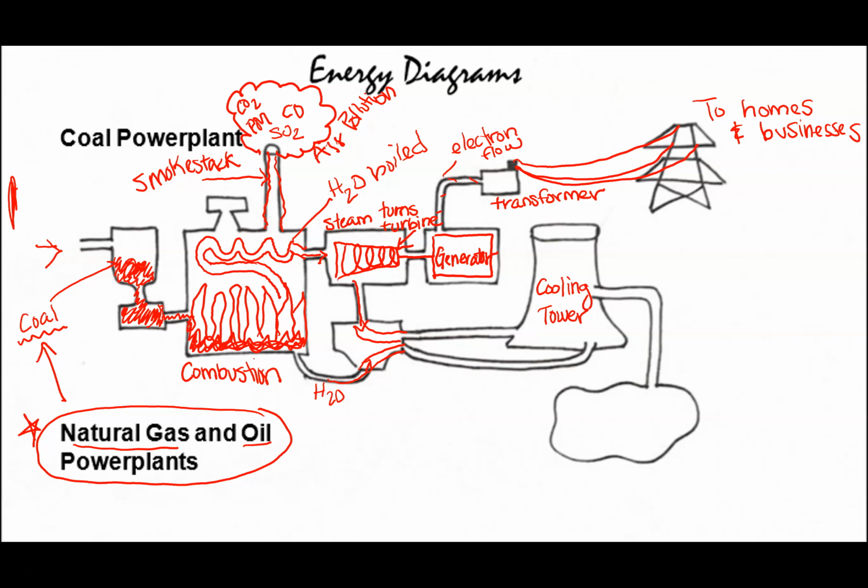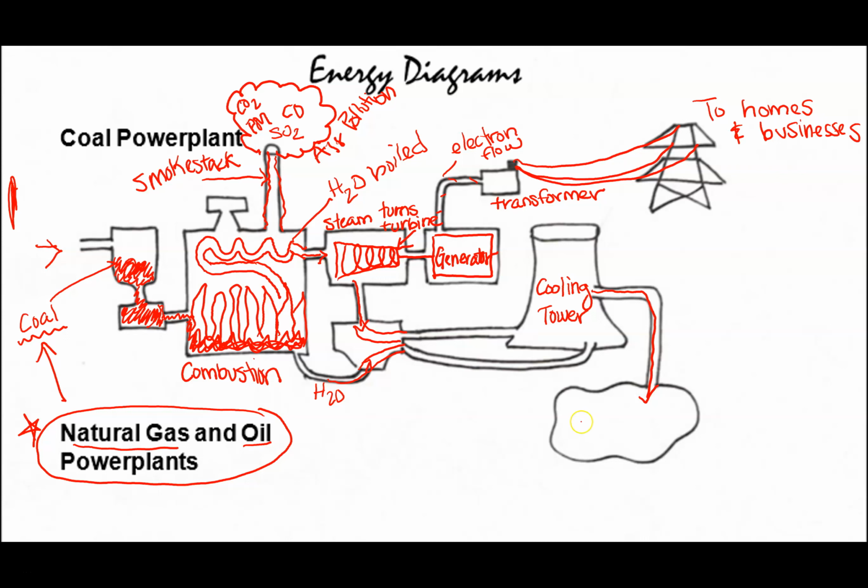That's going to allow that hot water or hot steam to cool off before it gets dumped into a body of water outside of your power plant, so that it can be reused and put back into the environment.